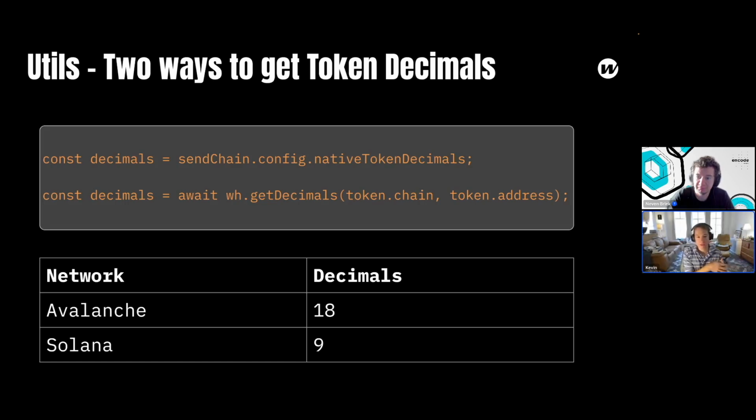Another way we can do it is we can ask Wormhole to get the decimals by providing the chain that we want to get the information for. So we need to provide both the chain and a token address. But the token address could just be native. So we could just pass in native in quotes, and that will give us back the decimals for the native token of the chain.